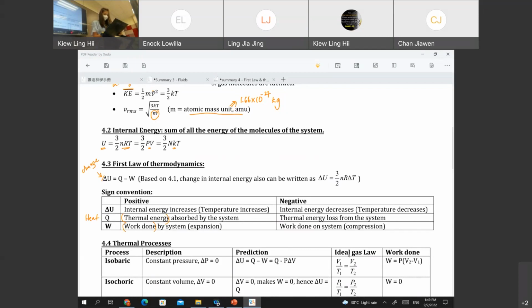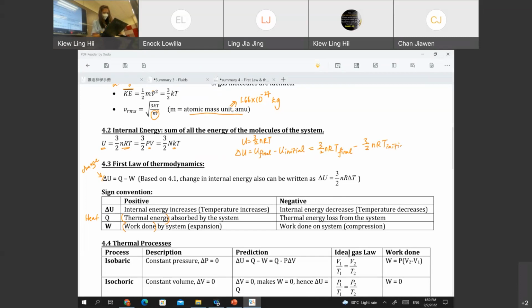So since U equals 3/2 nRT, right? We said delta U means change in internal energy, meaning that it is U final minus U initial. So expand the equation, which is 3/2 nRT final minus 3/2 nRT initial.